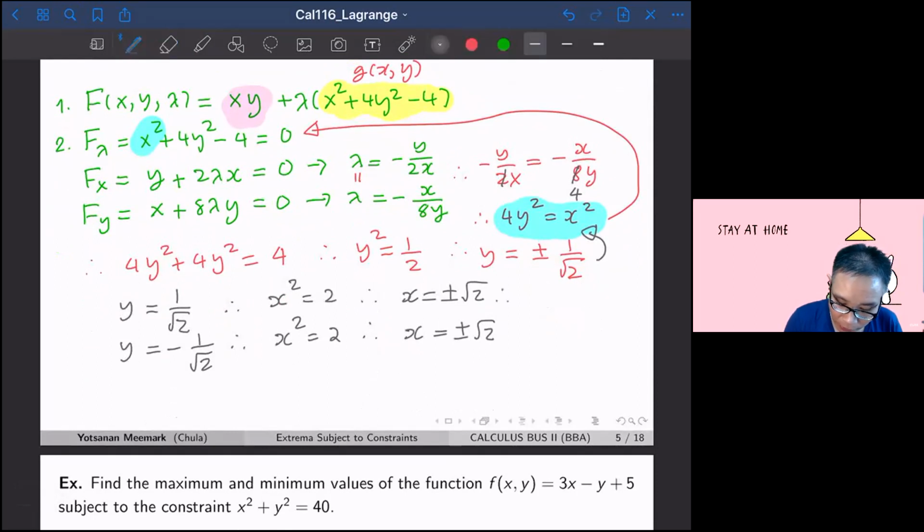So you get the point root 2, 1 over root 2, and negative root 2, 1 over root 2 in the first case.